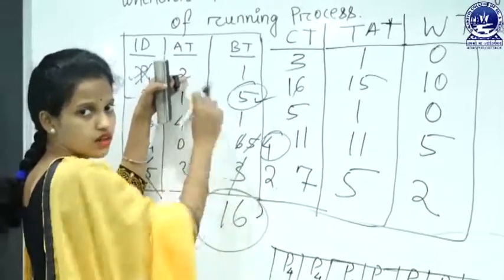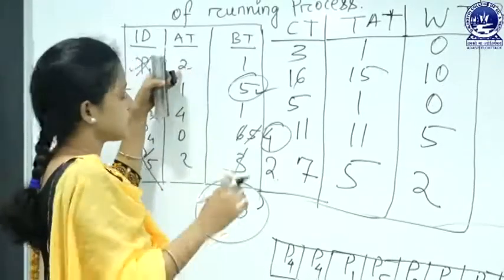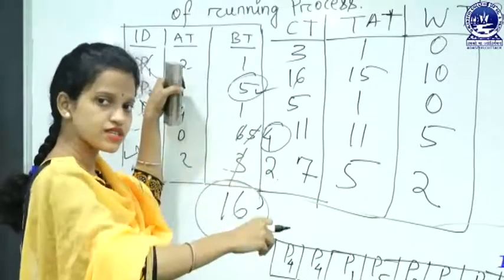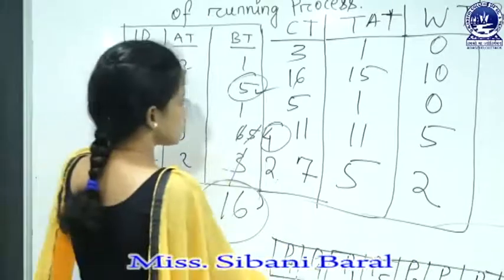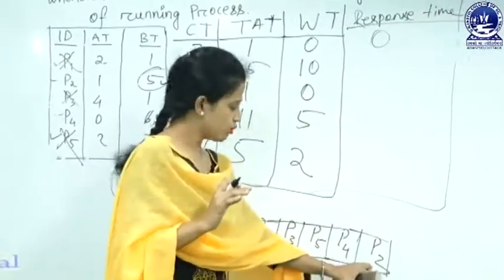So it did not have to wait. It was assigned to the CPU at the time of its arrival. So what is the response time? 0. 2 minus 2, that is 0.